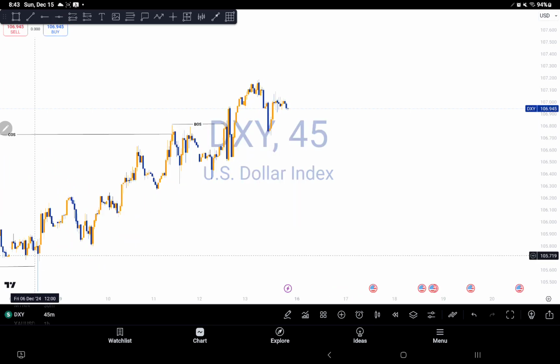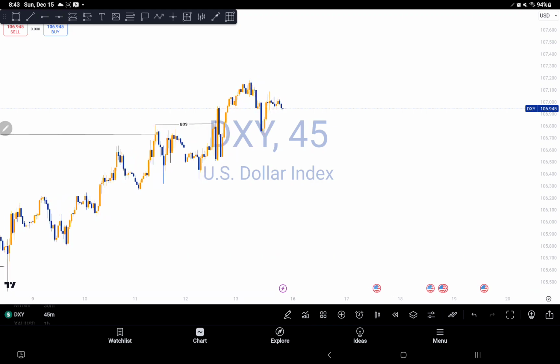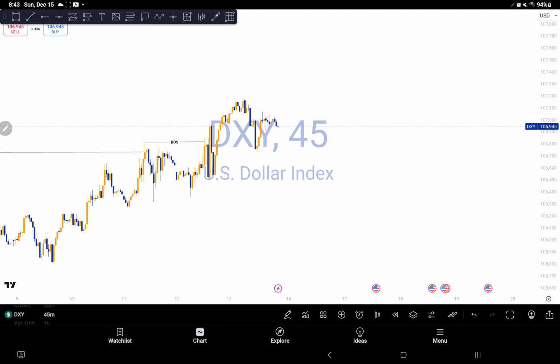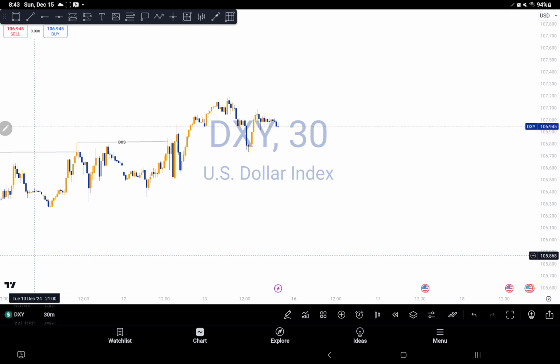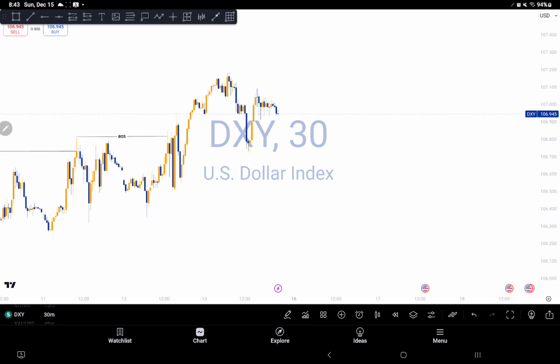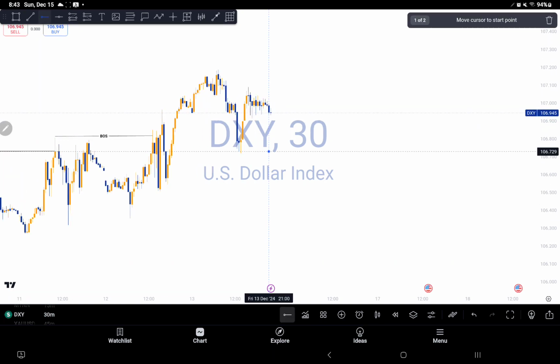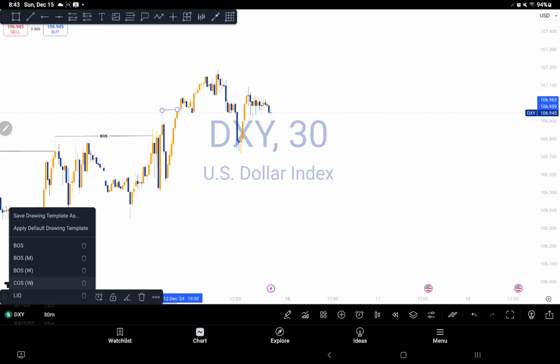I see my smaller time frame right here. Let's see my 30-minute time frame. Right here, we have this mini break of structure as well.